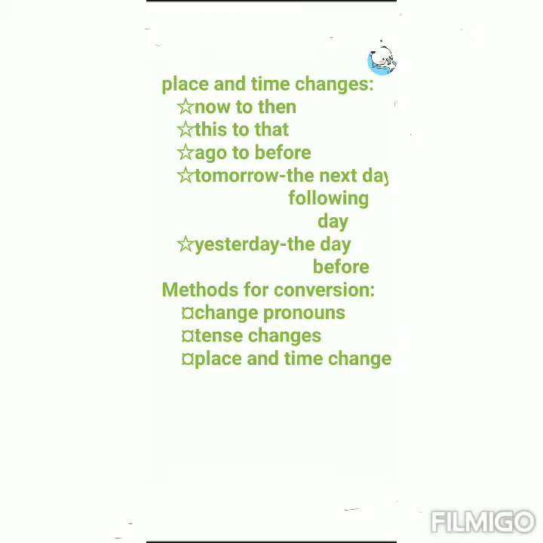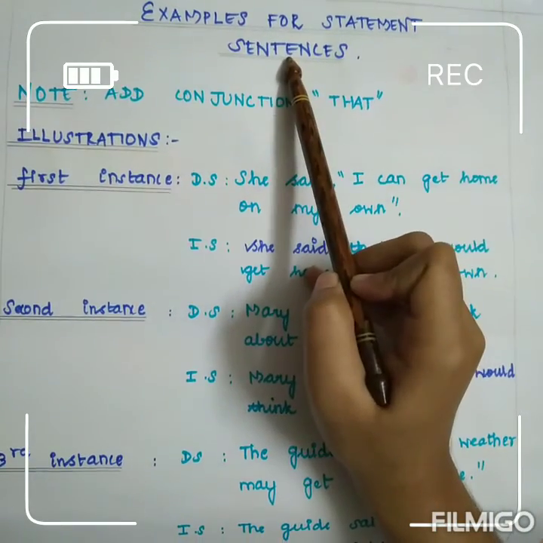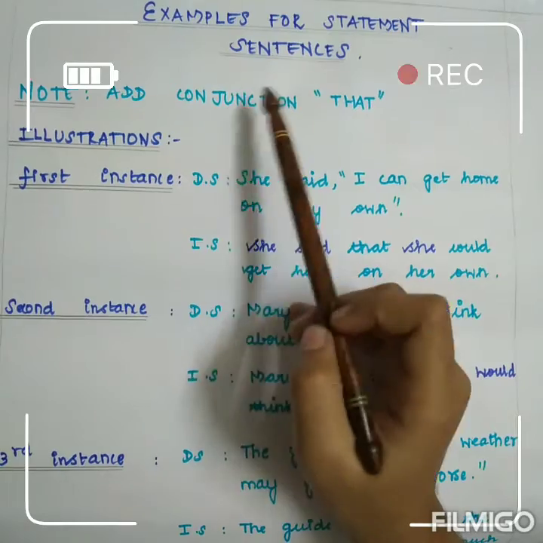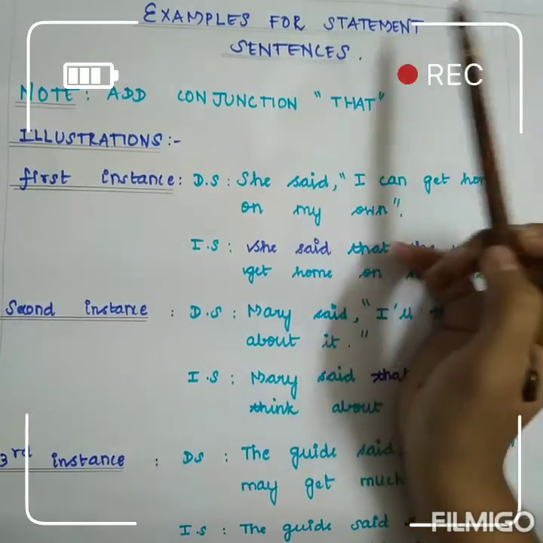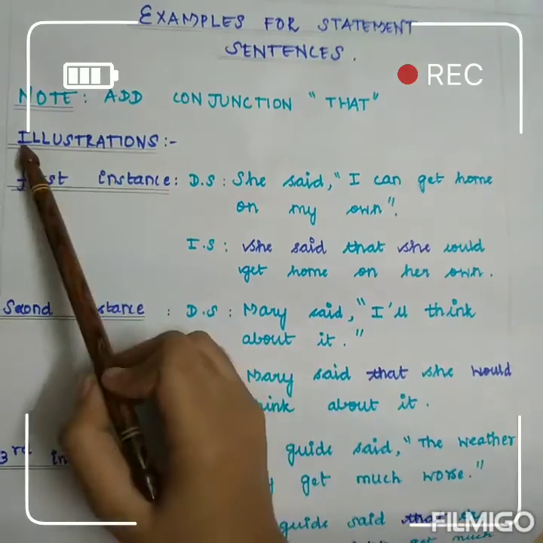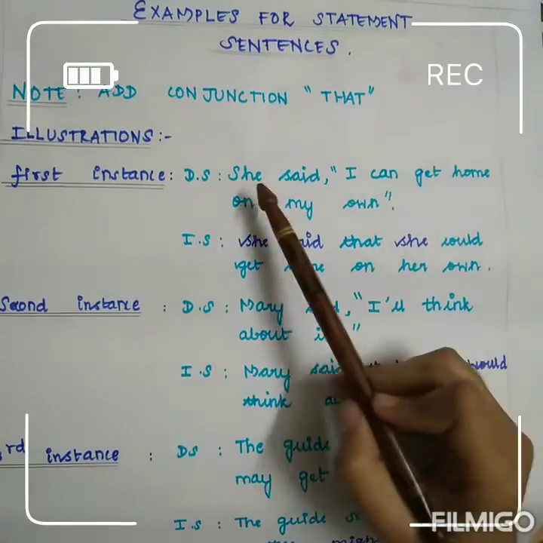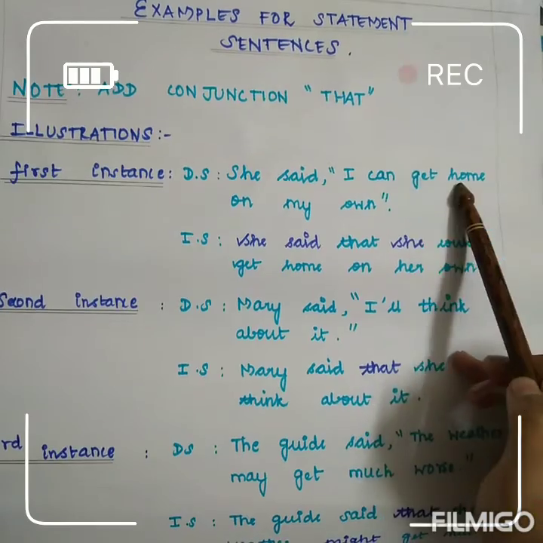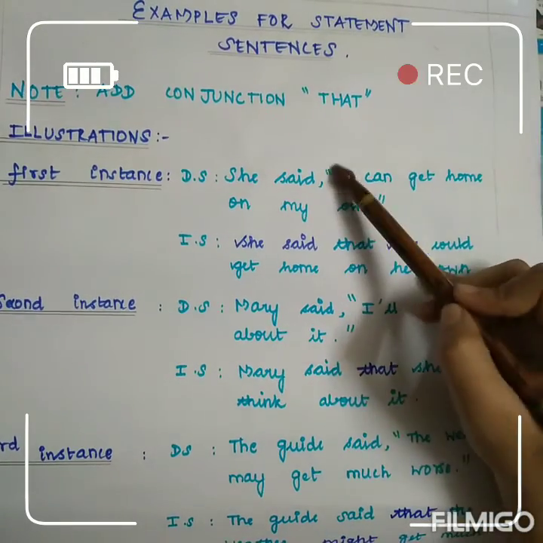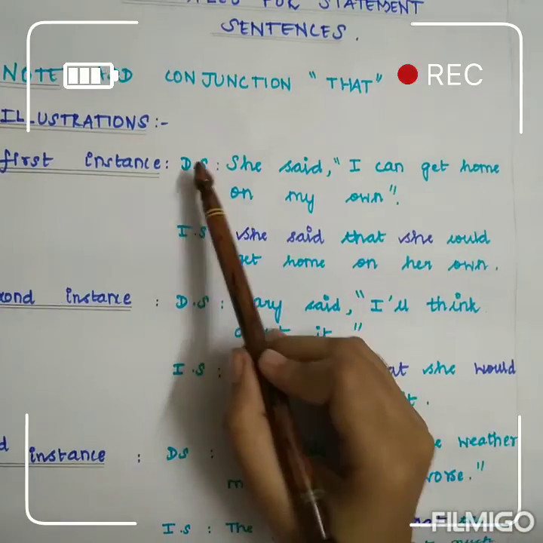Now we are going to see the examples for statement sentences, where we have to add the conjunction that to the statement sentence and remove the quotation marks. This is to be noted. First instance, direct speech: She said, "I can get home on my own." You can see the quotation marks because this is the actual words of the speaker.